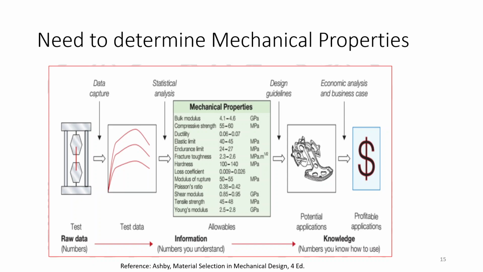Now, why do we need to determine the mechanical properties? For mechanical properties, you first have to run various tests, capture data and analyze and find out what the various properties of materials are. So based on these properties, you design your final component. Based on that, you will design what should be the thickness of, for example, your connecting rod or any cantilever beam, how much material you will be using, will you be using a hollow pipe or a solid pipe.